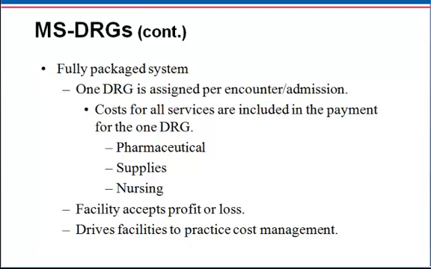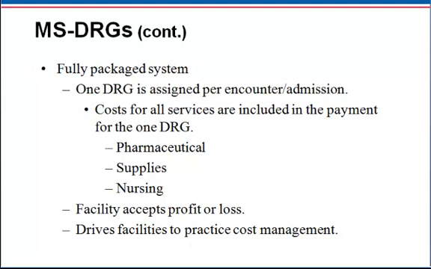So if the DRG pays less than the cost of actually caring for the patient, they will lose money. But if the cost for treating the patient is less than the MSDRG reimburses, the hospital keeps that money and therefore makes money on that patient.